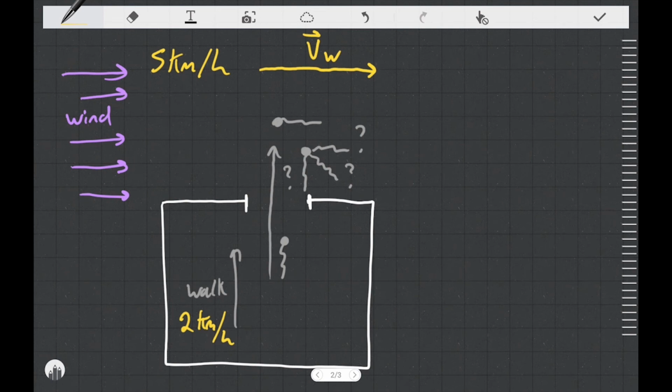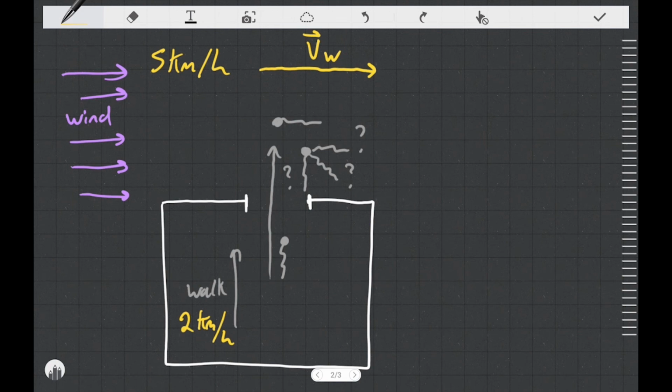Now we also know that we're walking up. And so if we're walking up, we'd be tempted to draw our velocity vector in the up direction, just like that. But remember how we reasoned that the string is going to be blowing backwards in the opposite direction of the way we're walking. And I'm going to suggest to you that if we put ourselves in the perspective of the string, it can't really tell the difference between walking up or wind blowing down.